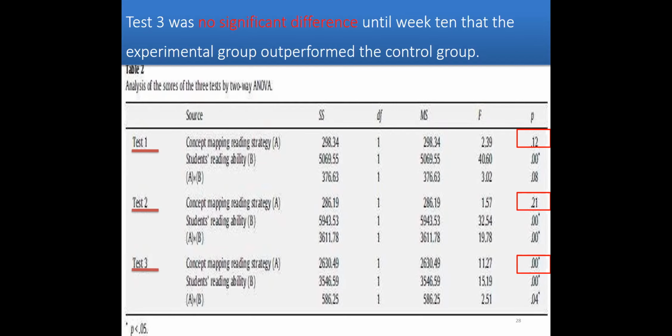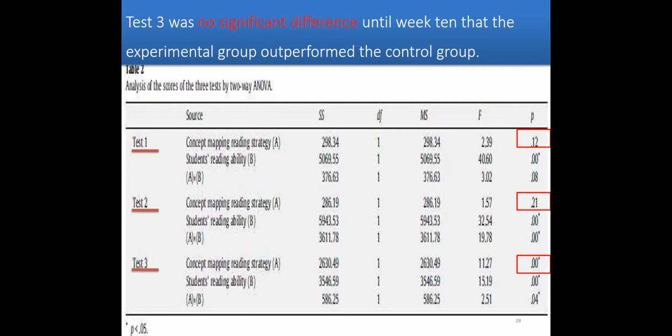So it's not until week 10 that the experimental groups outperform the control groups in test 3, where the value here is 0.0. So that is, the computer-assisted concept mapping reading training required time before the effect could be seen.